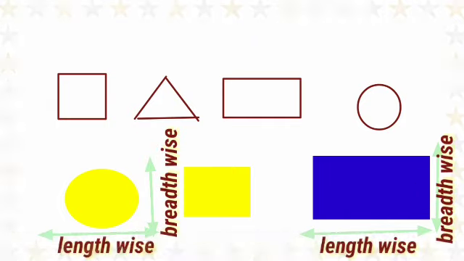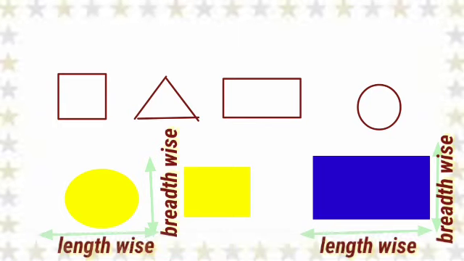Hence, these are two-dimensional objects. Circular region, rectangular region, or a square region.